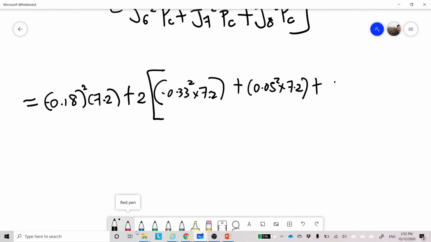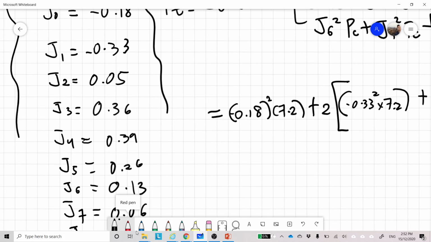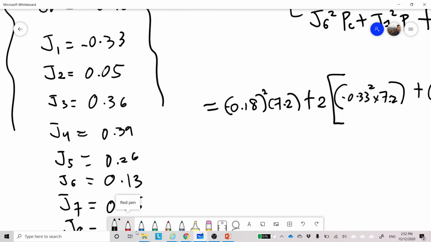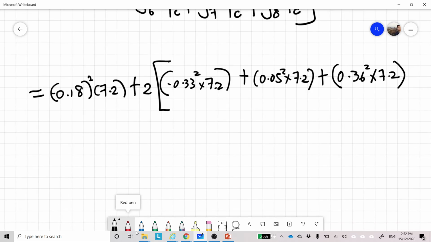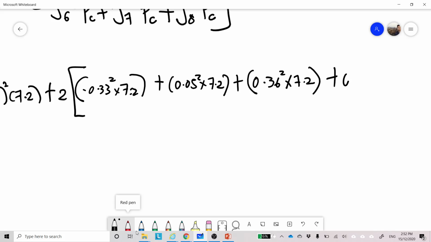Ini panjang sikit, 0.36 square times 7.2. So I just want to show you what happened at the end. Okay, plus 0.39 times 7.2.